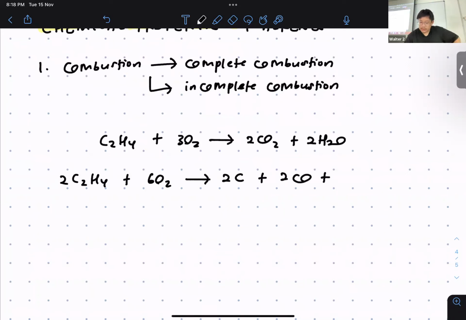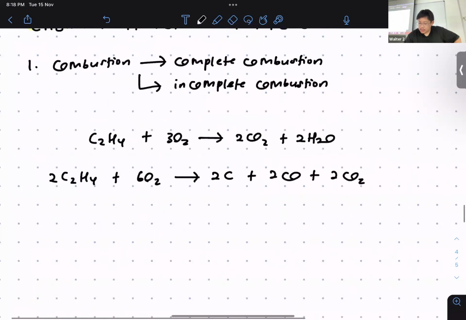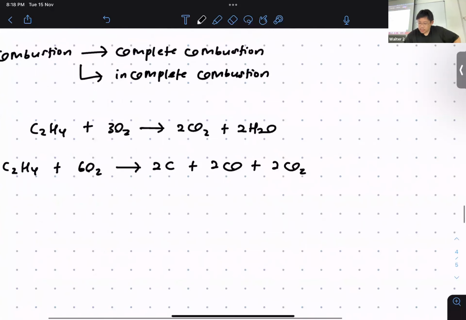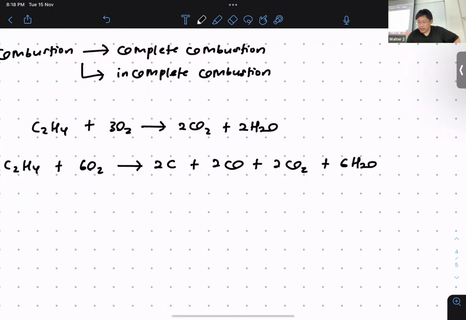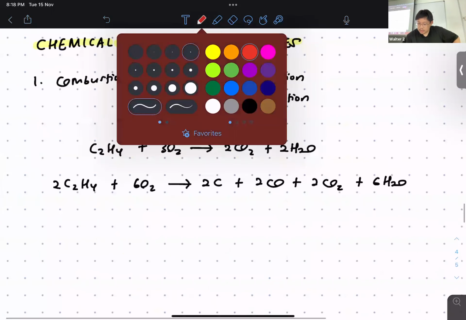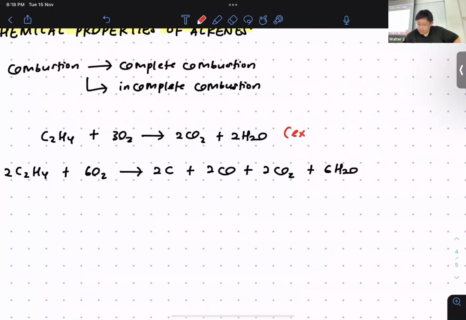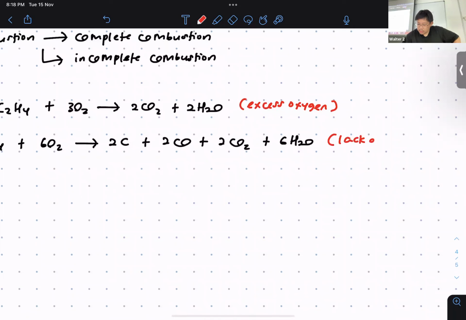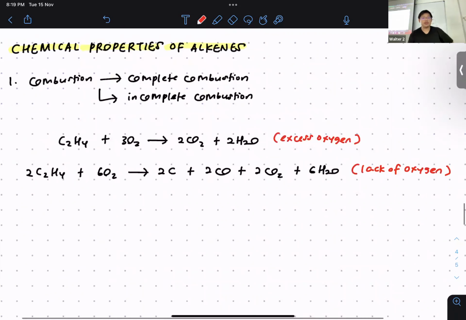You also get carbon monoxide, carbon dioxide, and water. This is just to show you that the products formed will be different from the top one. So I'll label this as excess oxygen, and this one will be lack of oxygen. So they can undergo two different types of combustion reactions.